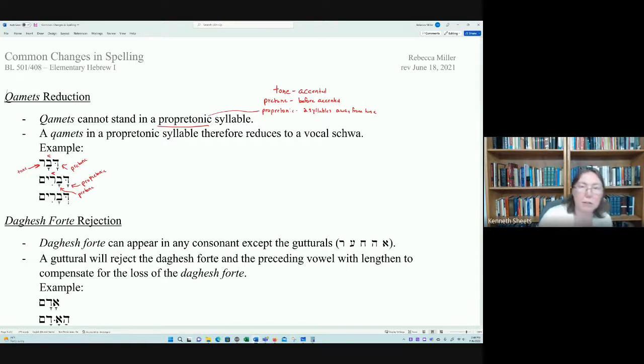Now, the kamets underneath the beth is not going to have any problems here, but the kamets underneath the daleth will, because it is propretonic. Kamets cannot stand there, and so what happens? We have the reduction all the way down to the vocal schwa, and thus we have devarim.